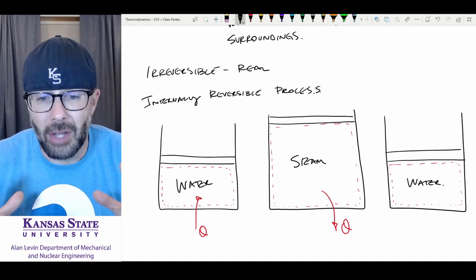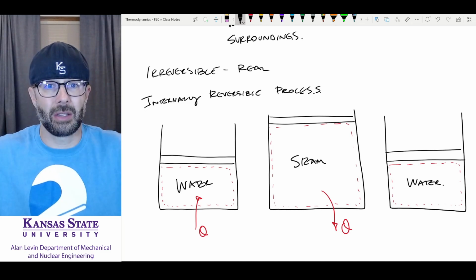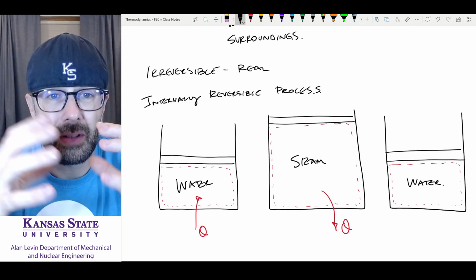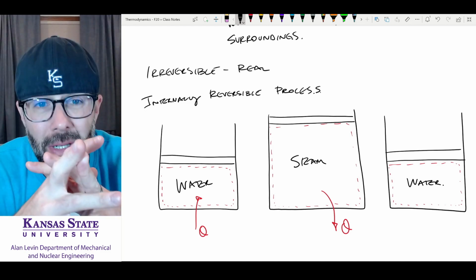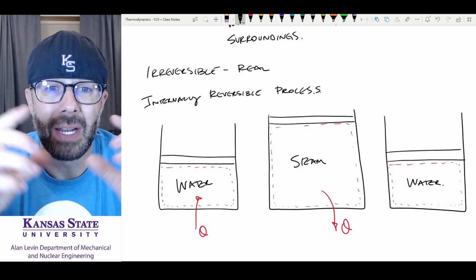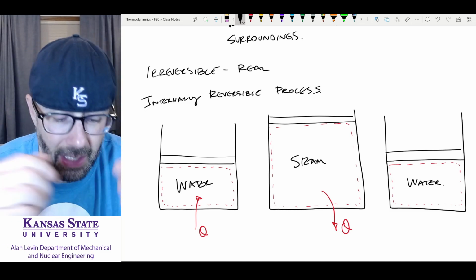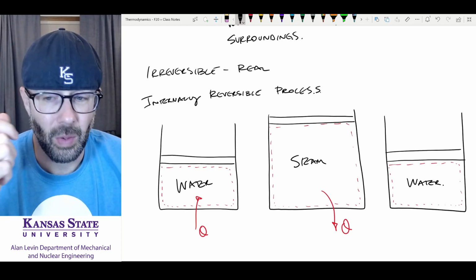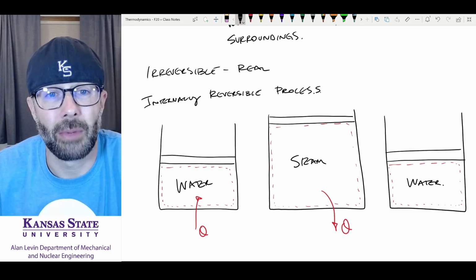Not all the heat from that flame is going directly into that water. Some of that heat is going out into the environment around it. So if we make the control volume bigger, we will see that it's not really a reversible process, but it is internally reversible. Okay, so that's what we need to think about. Internally it looks reversible. Make it bigger? Not quite. Okay, so that's what we'll end here talking about reversible and irreversible processes.